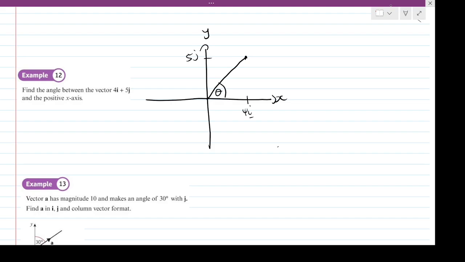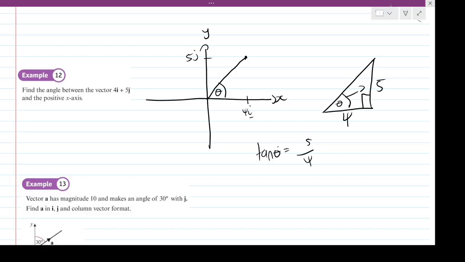So I can think of it as this triangle. I have the same angle theta, but going 4 across, that's a length of 4 there, and then 5 up is going to be 5 there. Then I can use a bit of SOHCAHTOA, because that's going to be a right angle triangle. So tan theta is the opposite, this 5, over the adjacent, which is 4.